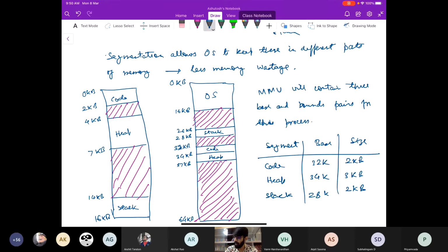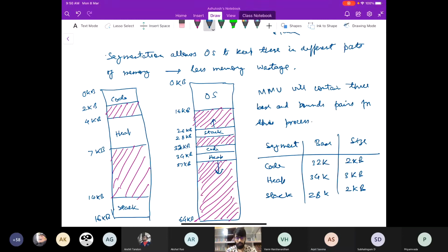Okay, so the heap will go in this direction, the stack will go in that direction, and so on. So this is the basic view of how segmentation will work. It will just take the process address space, and the free space will not be wasted because it will be allotted at different places, and the logical segments will have only as much size as they have grown till now. So the base register for stack will be 26 KB or 28 KB. Stack goes upward, so it will be 28.